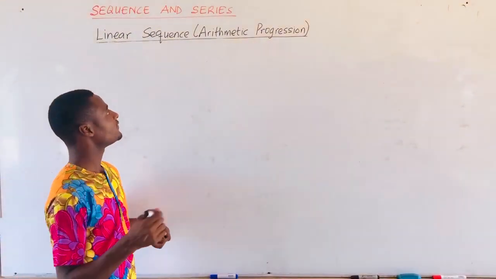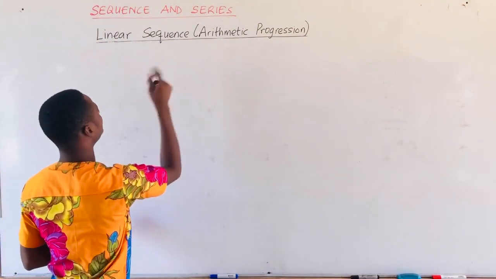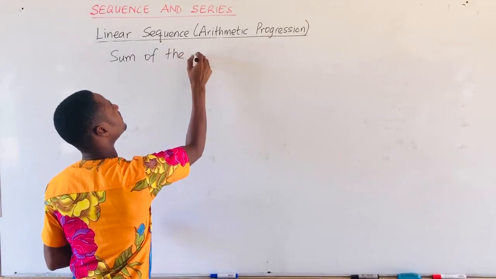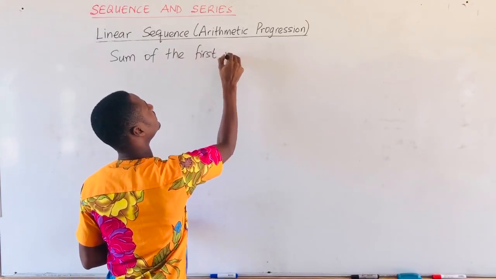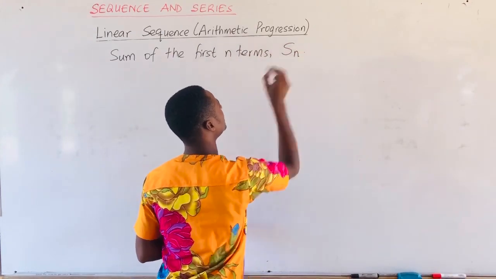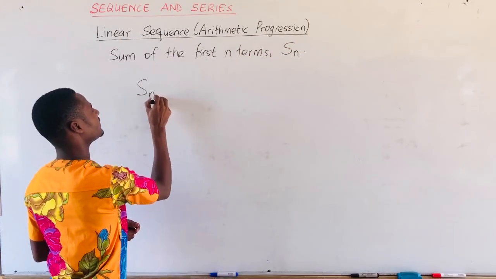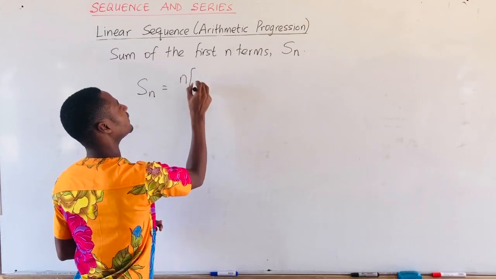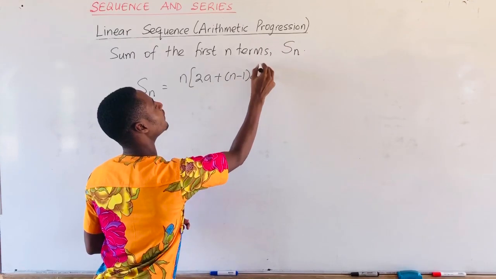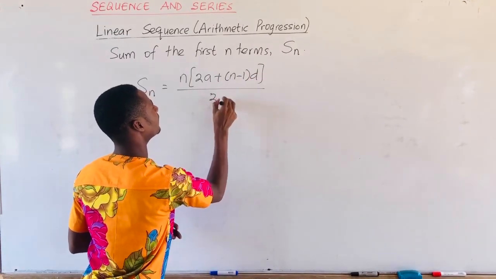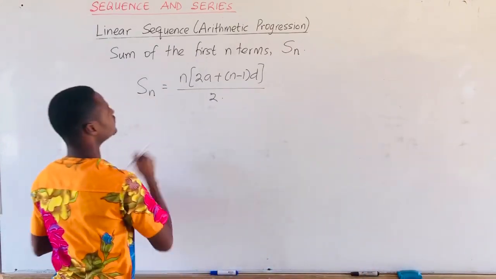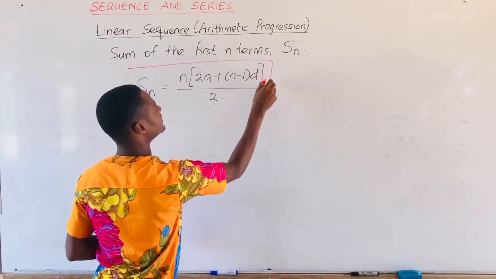The sum of the first n terms of any given arithmetic progression, which we represent by Sn, is given by... So we are going to basically look at how to apply this formula.